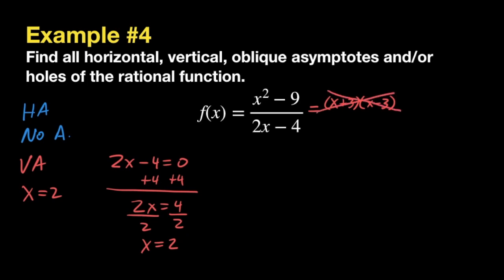Now, in this case, we know that the degree from the numerator is 2 and the degree from the denominator is 1. So we are going to use long division. So when we do long division, we have x squared minus 9, and we're going to divide by 2x minus 4.